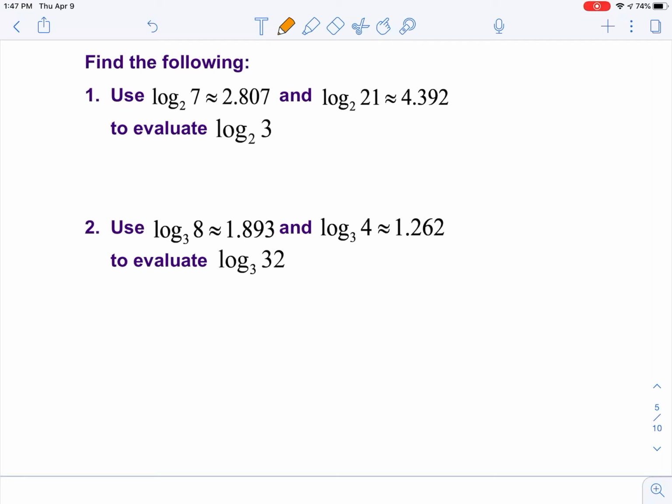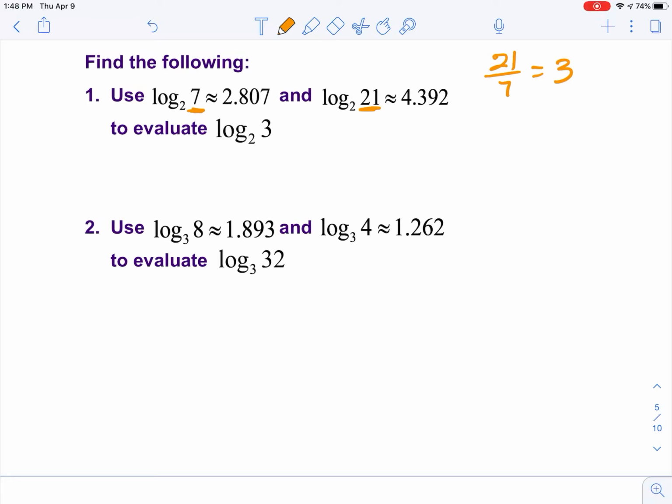Well, what we're going to use are these numbers here. How can I use 7 and 21 to get me a 3? Well, 21 divided by 7 gives me 3. So if I divide to get those, that means I can subtract.